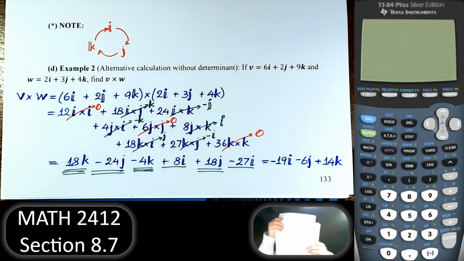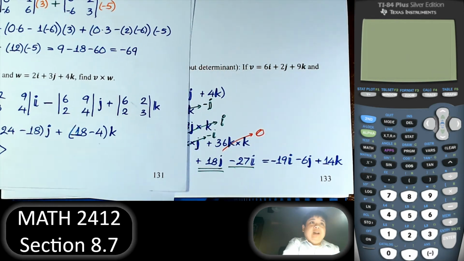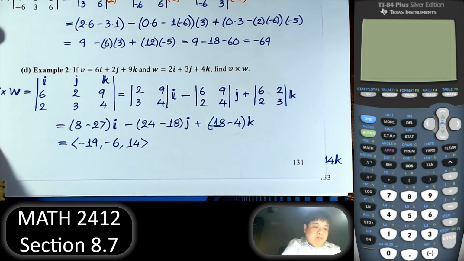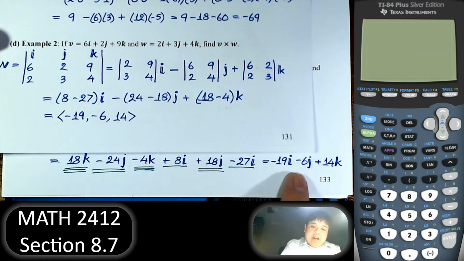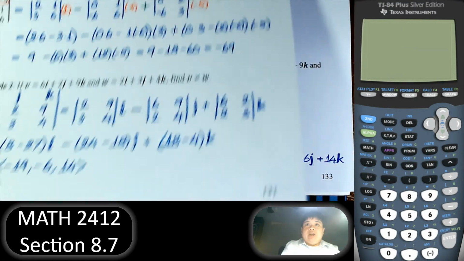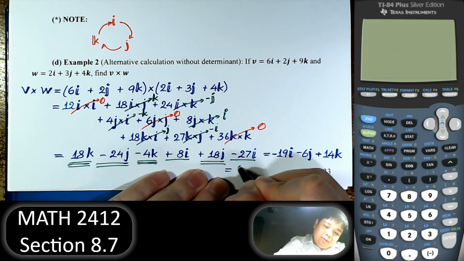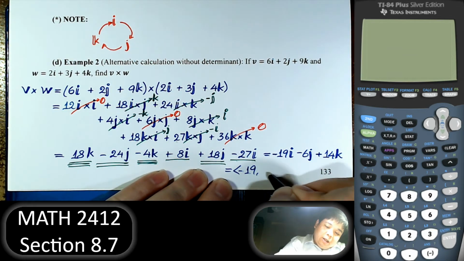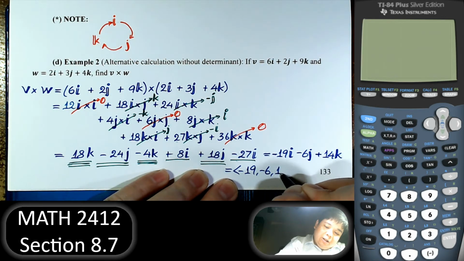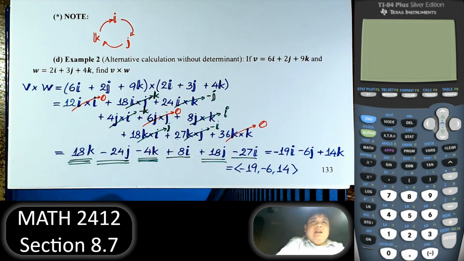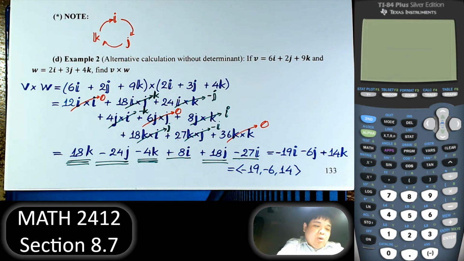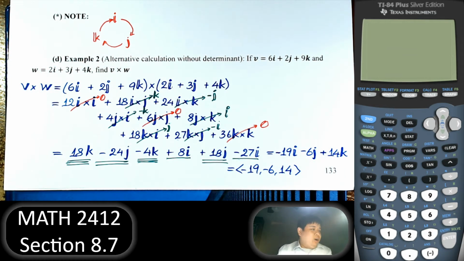If we compare that to the first one we did, where we used the 3 by 3 determinant, we have negative 19, negative 6, and 14, which is the same thing, right? Yeah. But doing it like this seems like a lot of work, especially since we have to write the vector as boldface. But that certainly works.